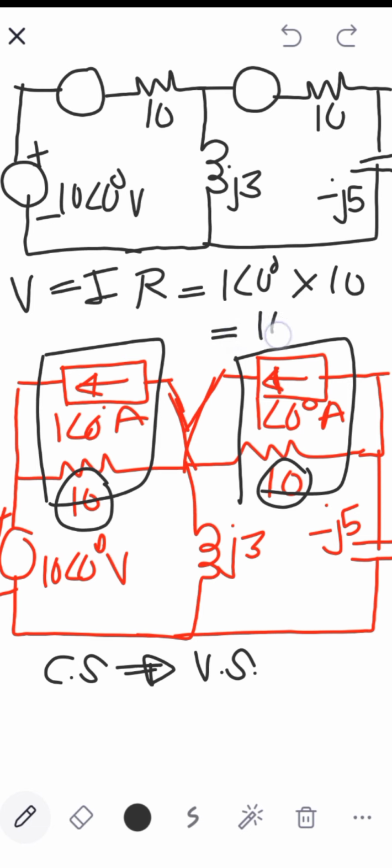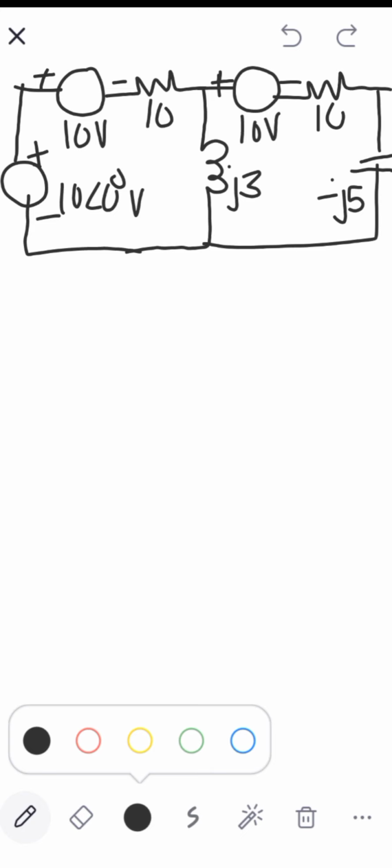That is nothing but 10 volt. So here we get 10 volt and 10 volt. The direction is this side, so this is plus minus. Clear? So now this is a basic circuit.